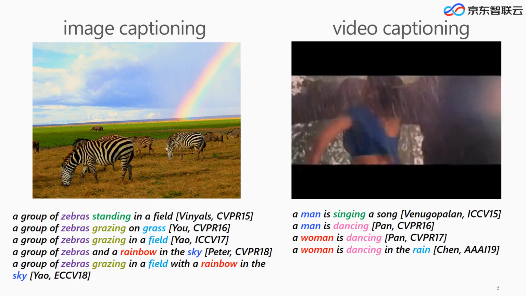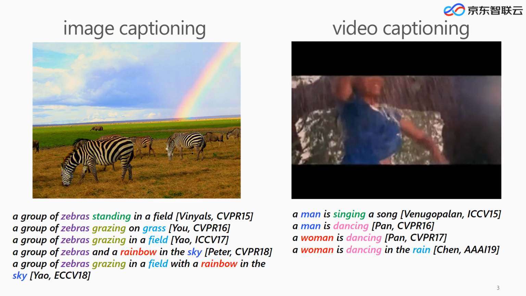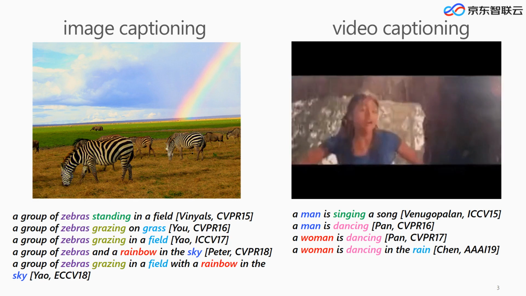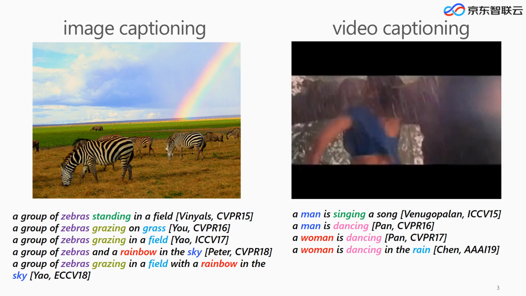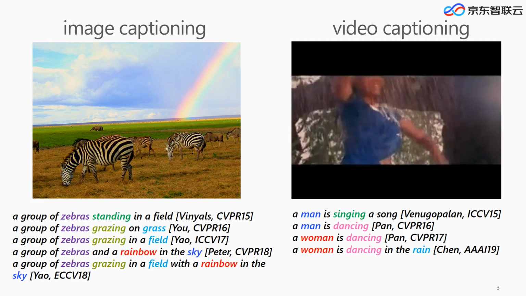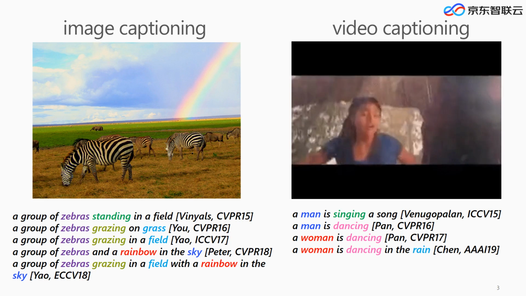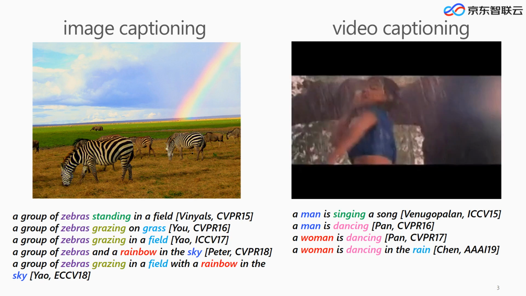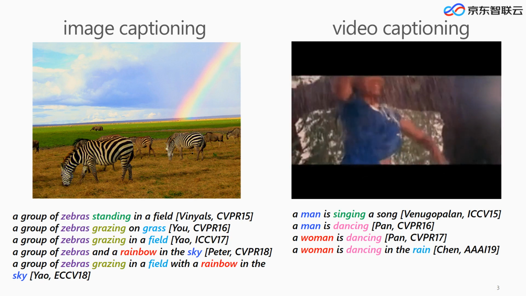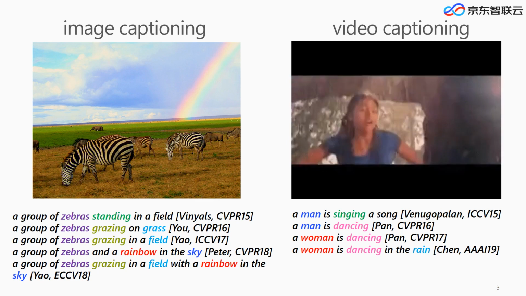Later, in 2016 and 2017, the sentence improved to "a group of zebra grazing on the grass" or "a group of zebra grazing in the field." The action "grazing" is more precise, and the description is mainly relevant to the salient objects.